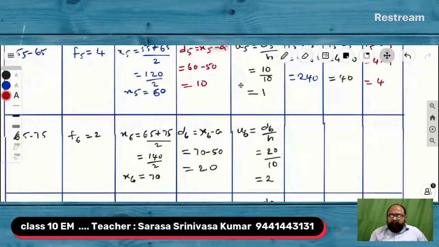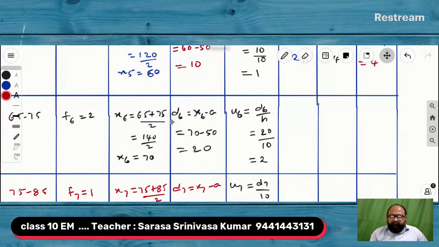Now we calculate F6 X6. This is equal to, what is F6? It is 2. X6 is 70. So we get 140. Now we calculate F6 D6.